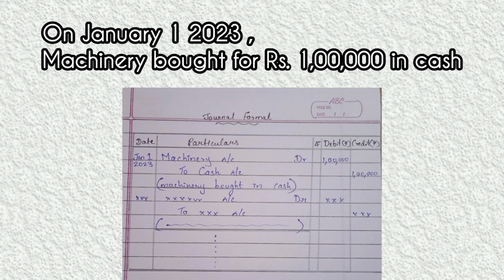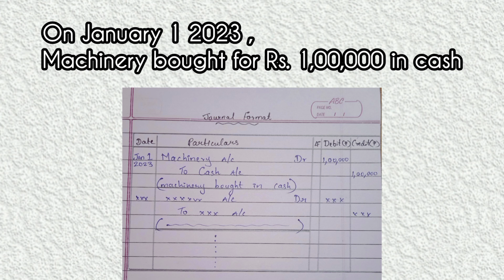So we will write Machinery Account Dr. Then in the next line we will write "To" followed by what is credited. Here cash is credited, so To Cash Account. Now we write a narration in brackets, which is simply a line explaining what is happening.